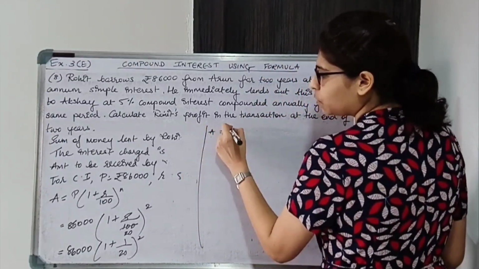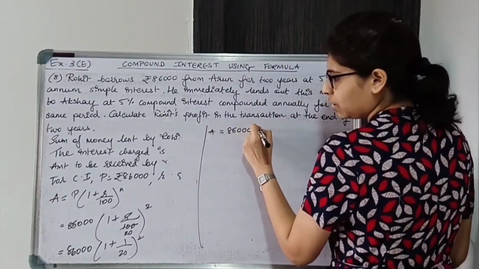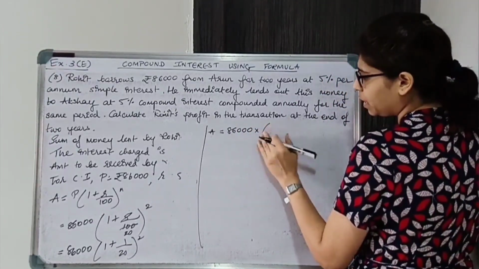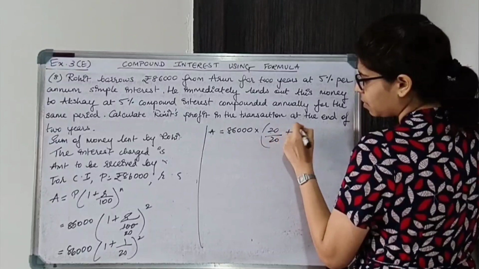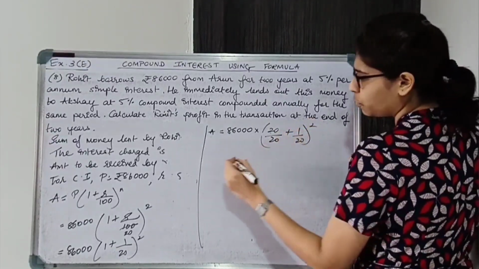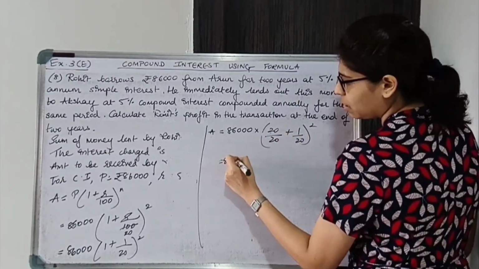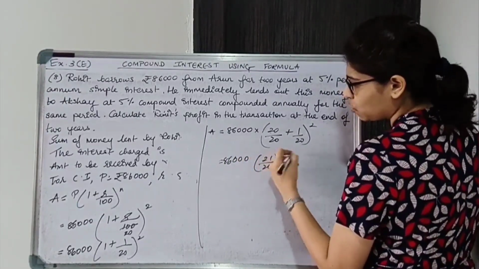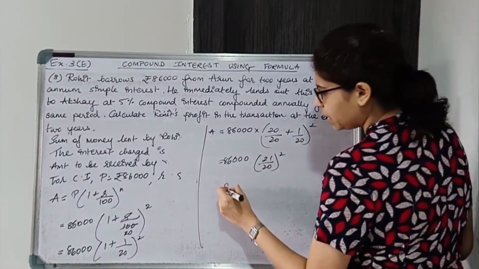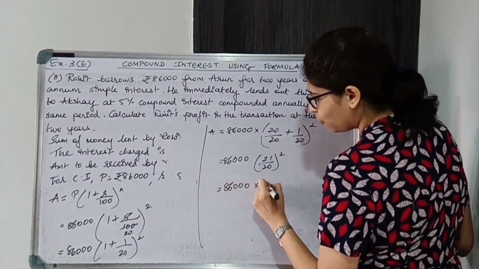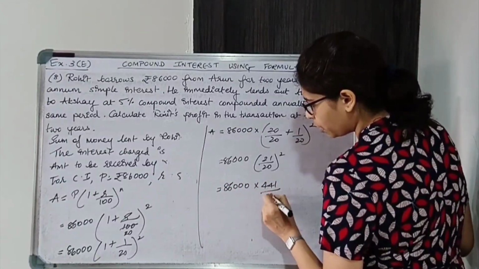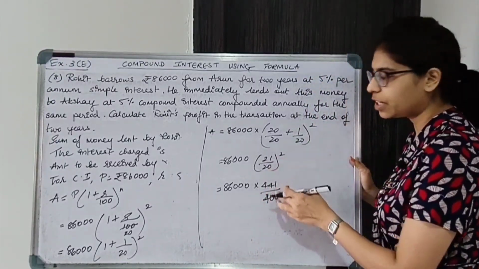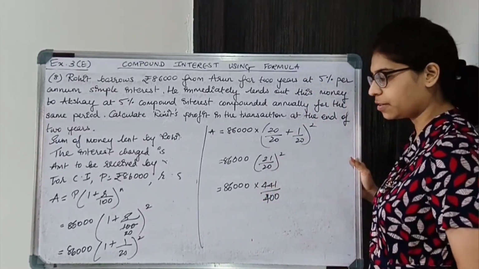So A is equal to 86,000 into ((20 upon 20) plus 1 upon 20) raised to 2. So 86,000 into (21 upon 20) raised to 2. So that will be 86,000 into 441 upon 400. Squaring, 21 ka square is 441, 20 ka square is 400.